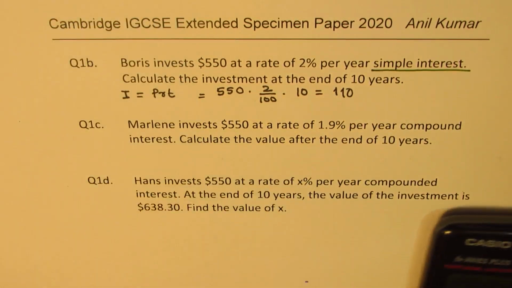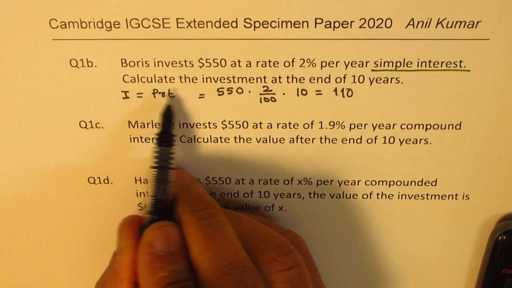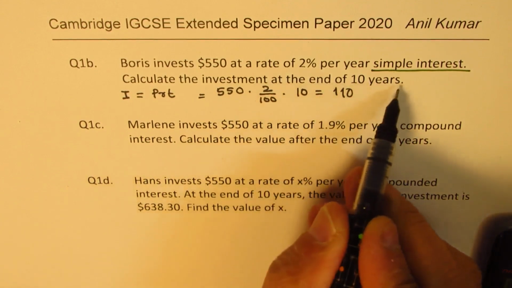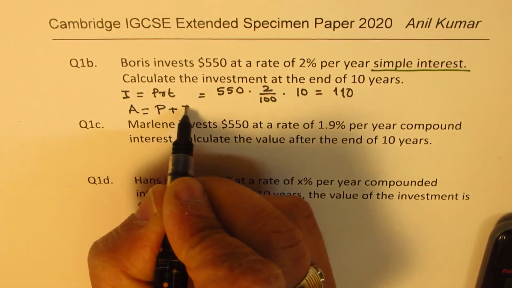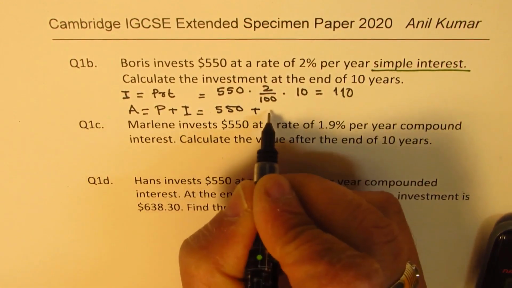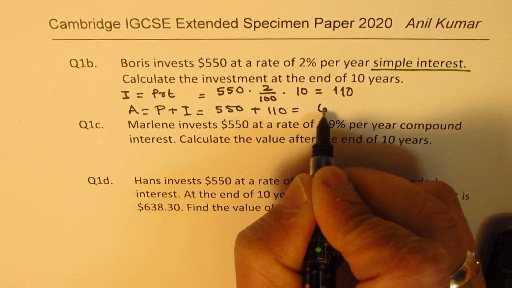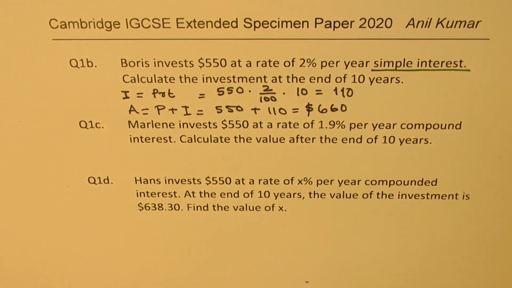So that is the amount which increases, correct? So, but we need to calculate the investment at the end of 10 years. So the amount will be principal plus the interest, which in this case will be 550 plus 110, which is $660. Is that clear to you, right?